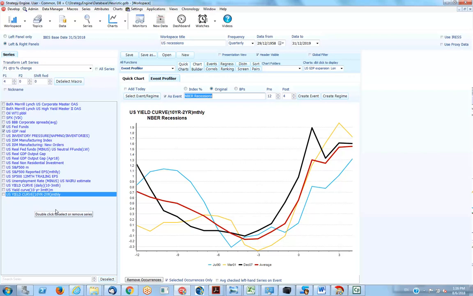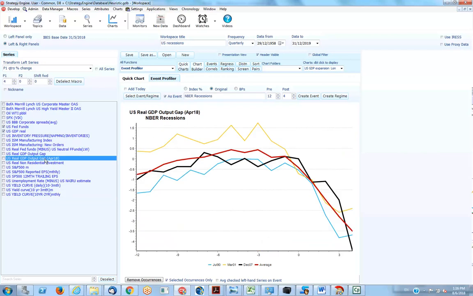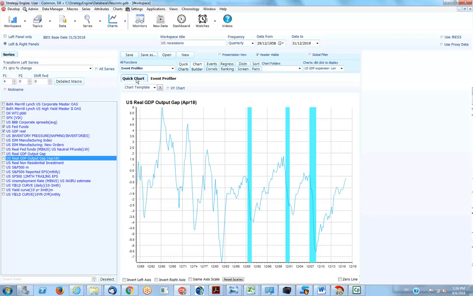Now, if we look at a couple of other measures, I'm going to look at the output gap as one of those. Again, we're only looking at the 1990s onwards, and the output gap, the US economy relative to its potential, is pushed above that. The red line is the average, about 7 or 8 quarters prior to onset of the recession. If we go back in time, you can see this is the actual output gap series, so moving up to its potential, slightly beyond its potential, and recessions followed.